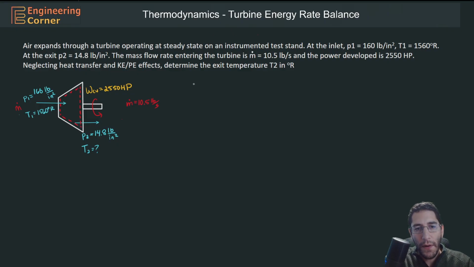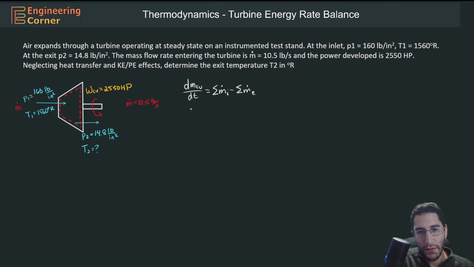So when we start with our mass equation, our change in mass of my control volume over my change in time is the sum of my mass flow rates of my inlet minus the sum of my mass flow rates of my exits. I have one inlet and one outlet.